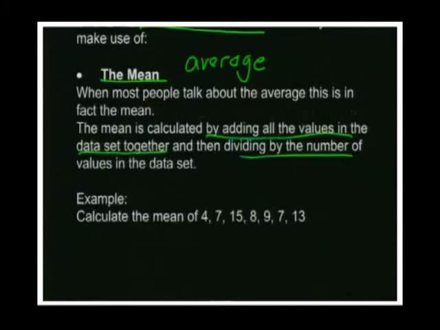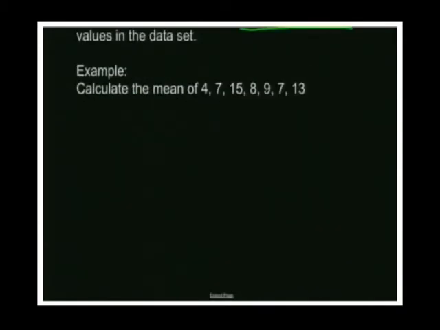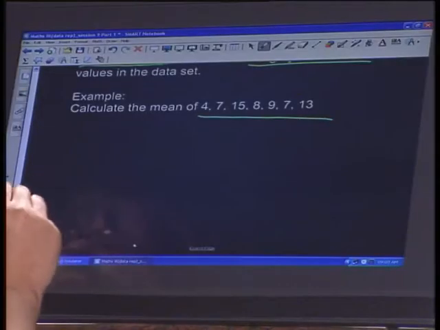So let's look at an example, the best way to do things. I'm going to just extend the page a little bit. Right, calculate the mean of these numbers. I've got 4, 7, 15, 8, 9, 7, and 13. Calculate the mean, I'm going to add them all up and then divide by how many are there. So first, let's get our calculator out and add these all up.